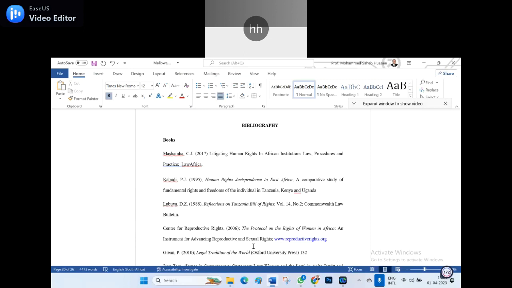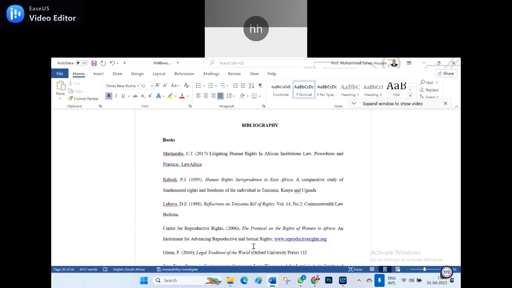I'm saying Kabudi. It's a book. When it is a book, Human Rights Jurisprudence in East Africa, colon, because there are two titles. A comparative study of the fundamental rights and freedom of the individuals in Tanzania is a second title. So the entire thing is a title and which will be joined with the colon.